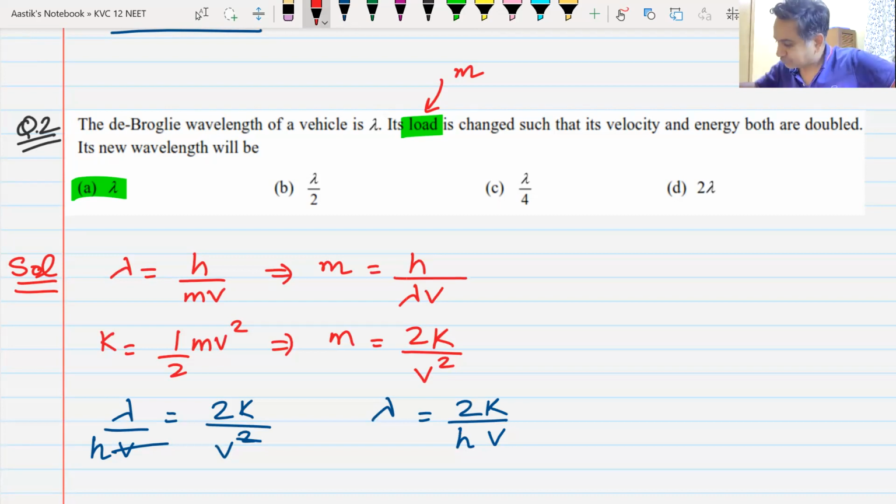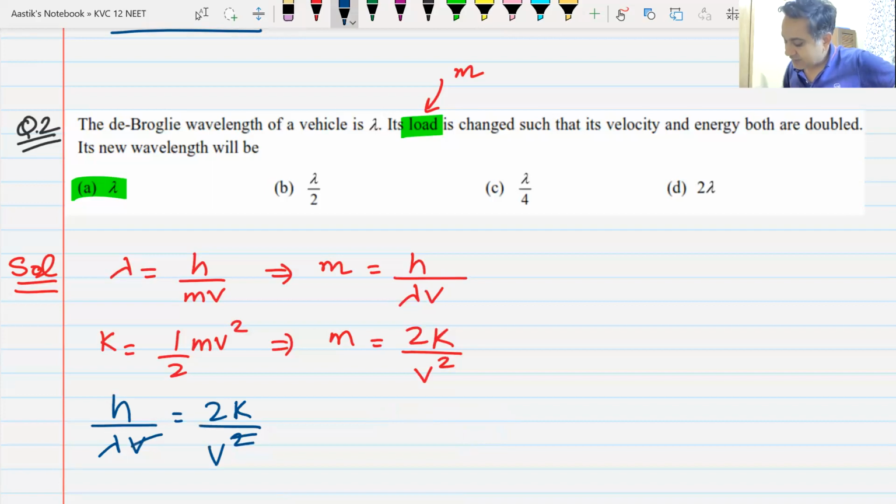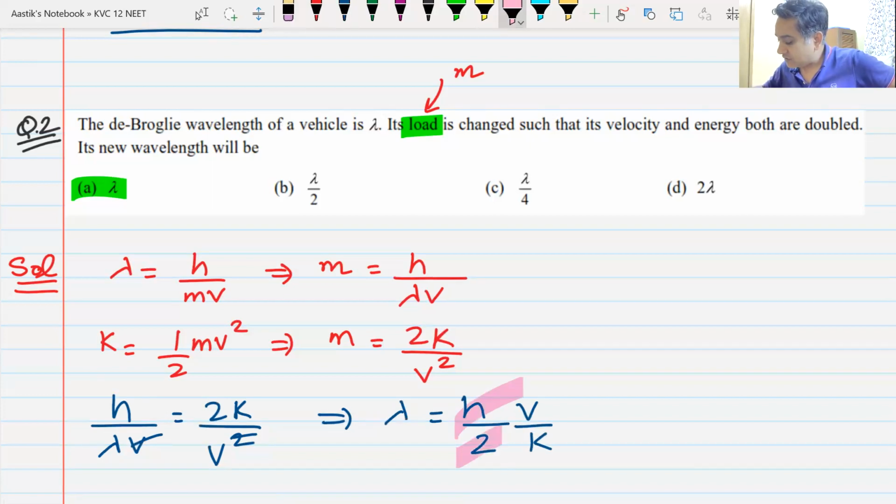So I can change it now. I'll write it again. h by lambda v is equal to 2k by v square. So v gets cancelled. I can write lambda as h by 2 times v by k. h is a constant, 2 is a constant.